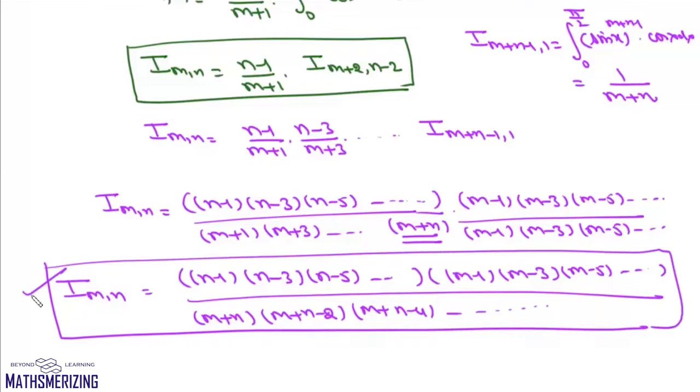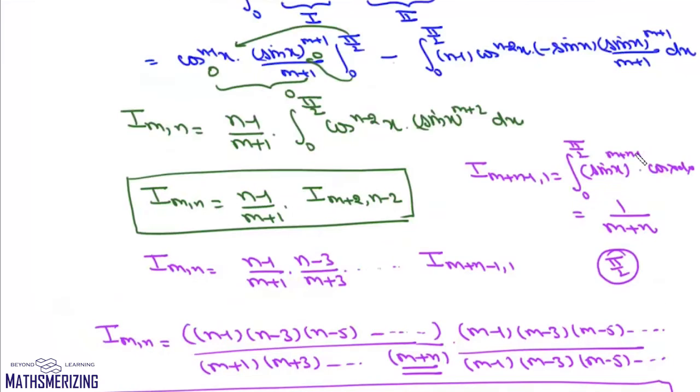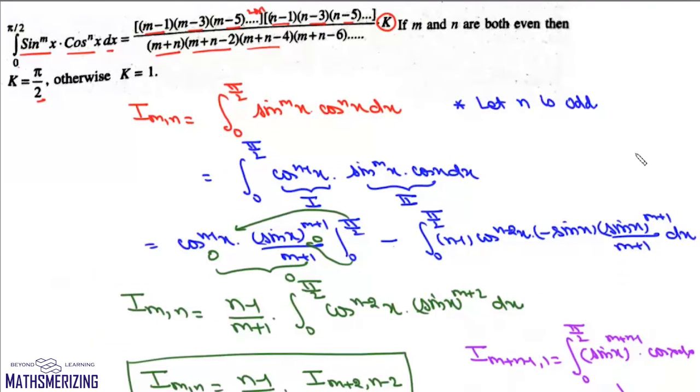If n is odd, we'll get this result. If m is odd, we can interchange m and n, we'll again end up getting this same result. And if both of them are even, then here we'll get this I0. And if we take this as I0, and when we solve this integral, we'll get this as pi by 2. So this formula is this integral from 0 to pi by 2 sin to the power m x into cos to the power n x dx.